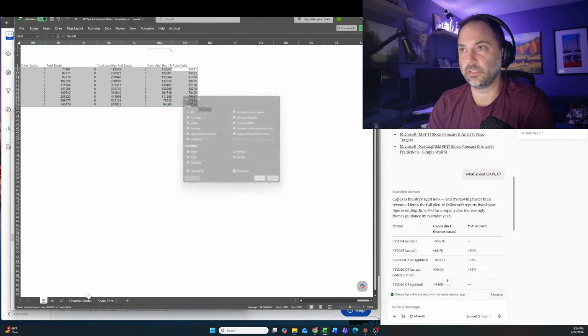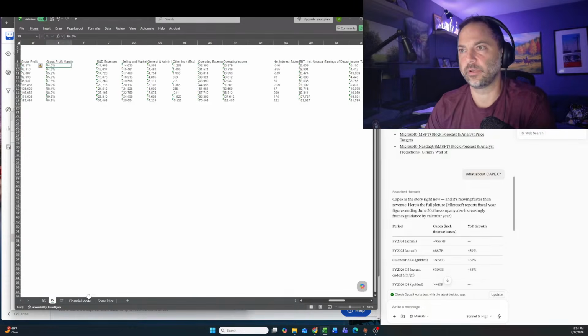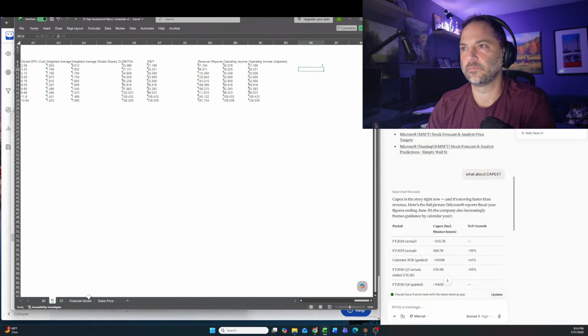Sometimes you have to multiply all this stuff by 1 to get it to register as a numerical value. So I'm just going to do that now.